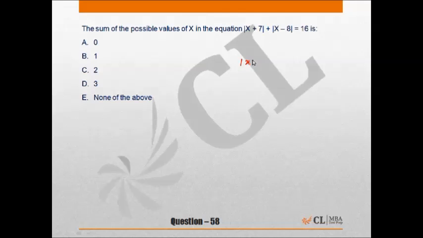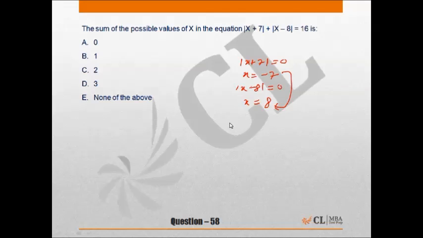As mod of x plus 7 when equated to 0, we get x equals minus 7. Similarly, when mod of x minus 8 is equal to 0, we get x equals 8.